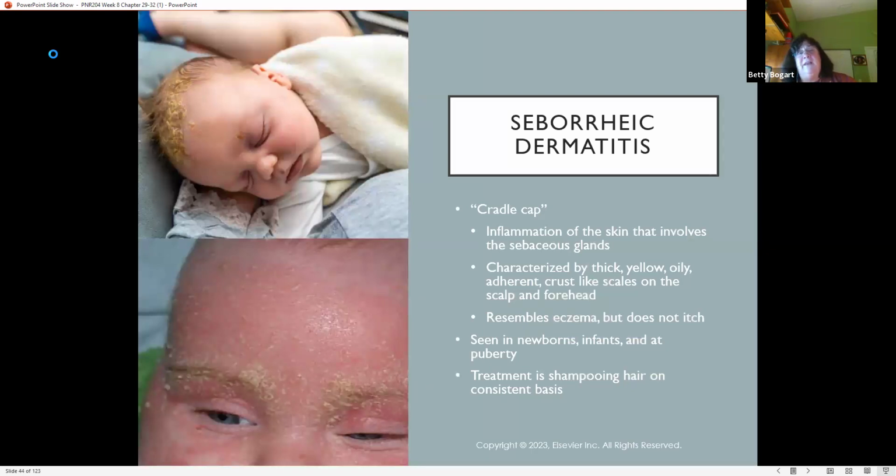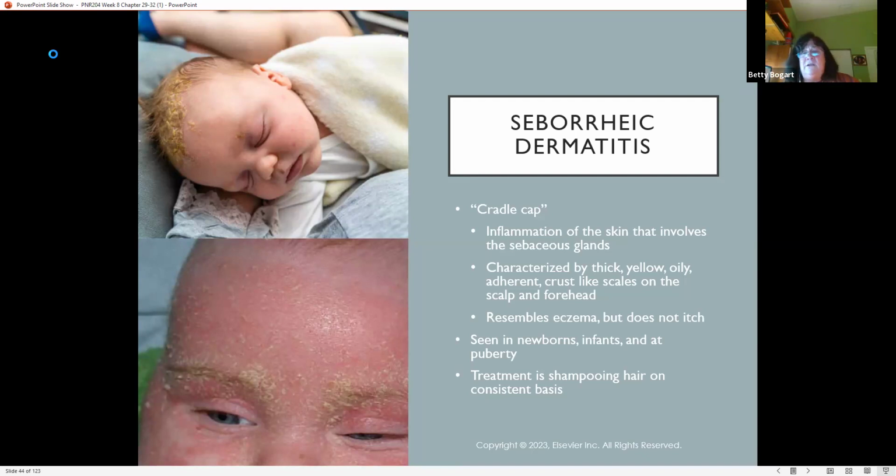Seborrheic dermatitis, cradle cap. Cradle cap is one of those things that parents don't want their cute little girls to have. They want those cute little headbands with bows and ribbons. And oh my goodness, what's going on here? What is this?